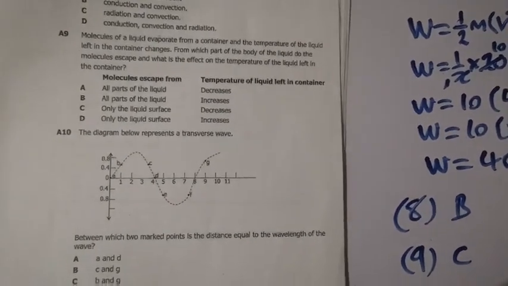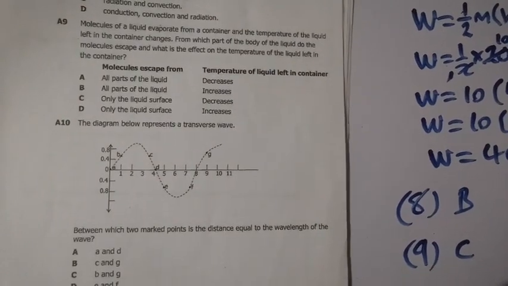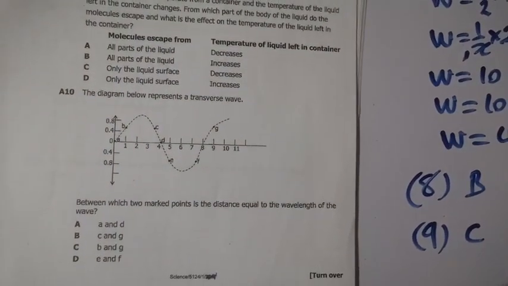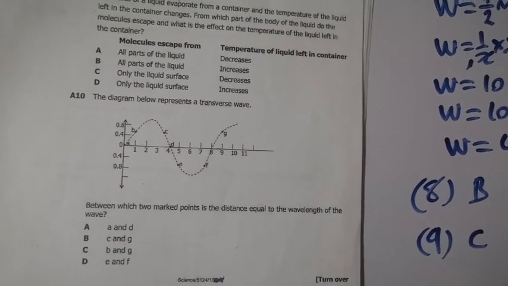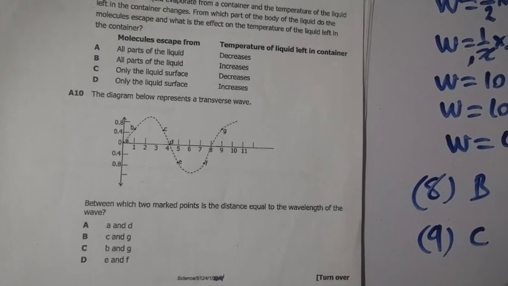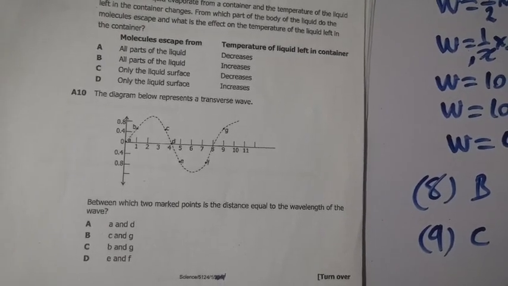We go to 10. The diagram below represents a transverse wave. Between which two marked points is the distance equal to the wavelength of the wave?